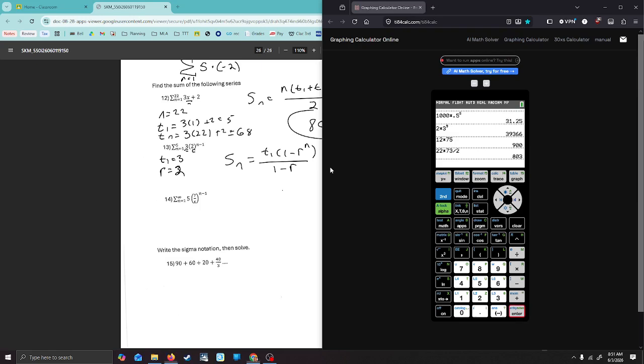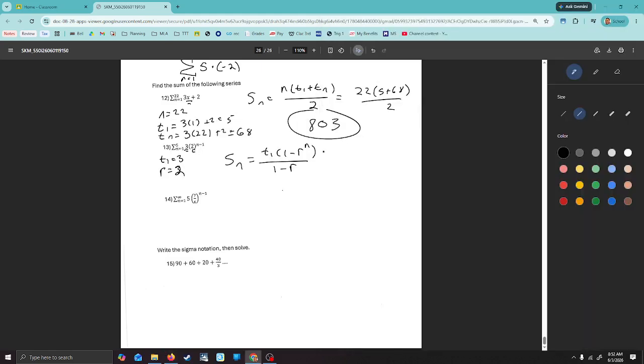So because of that, it's going to be 3 times (1 minus 2 to the power of my exponent. Oh, I'm sorry, I should point that out, is 5). Click right if you don't want to be in the exponent anymore. Divided by 1 minus 2. Enter, enter. 93.